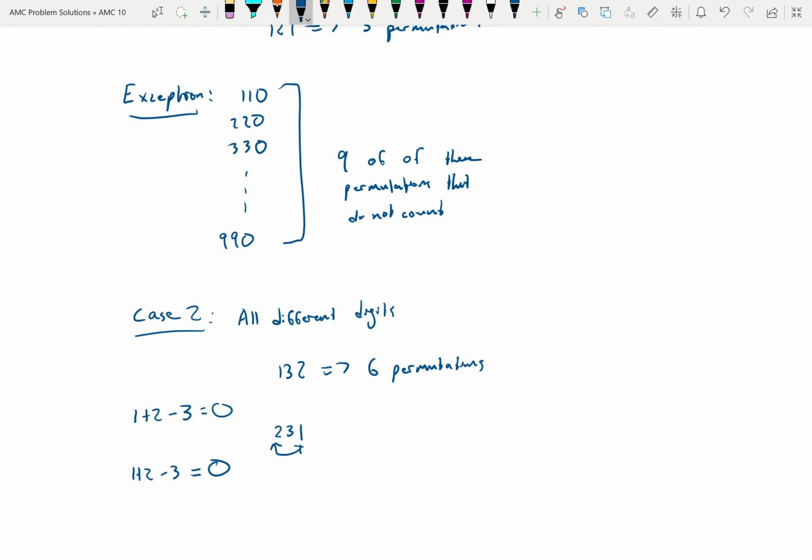So since we were double counting all of these 3-digit numbers where all the digits are different, since you can just switch the ones and the hundreds place and you get another multiple of 11, that's the equivalent of, we divide our 6 permutations by 2, it's the equivalent of 3 permutations each.